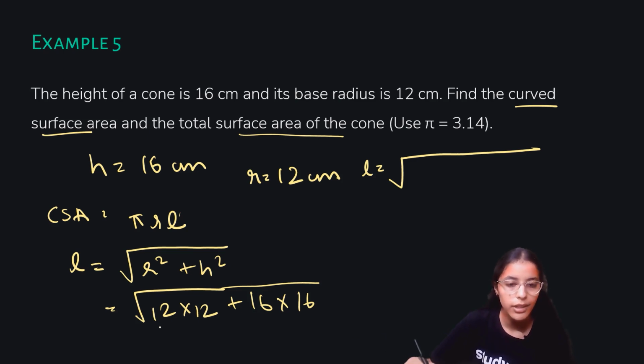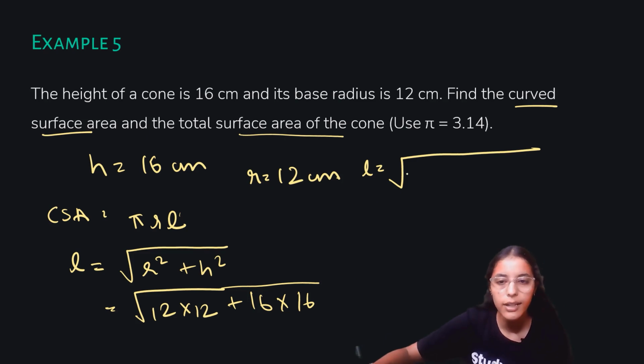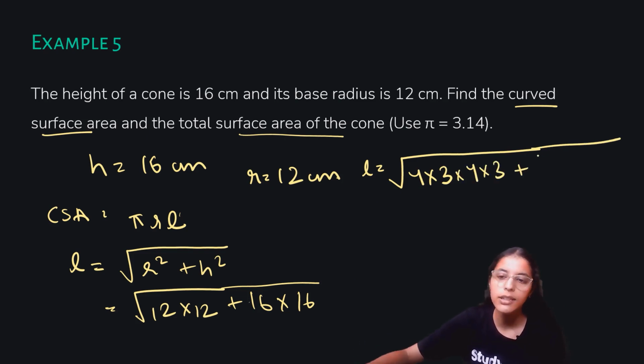Just convert the things under root into products of perfect squares and prime numbers. That is, 12 can be written as 4, which is a perfect square, into 3, and another 12 can be written as 4 into 3, and 16 is a perfect square already, but we can write it as 4 into 4 into 4 into 4.